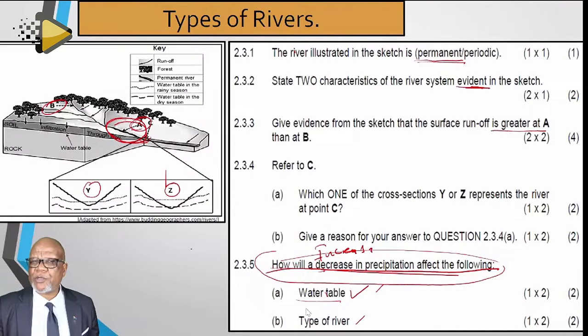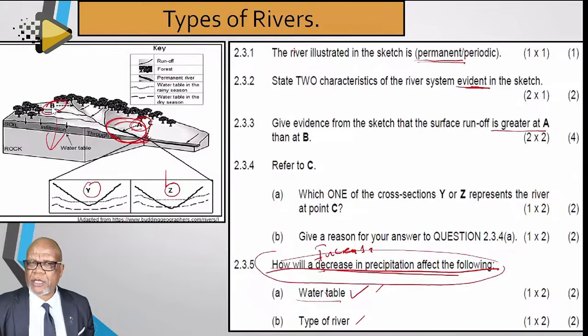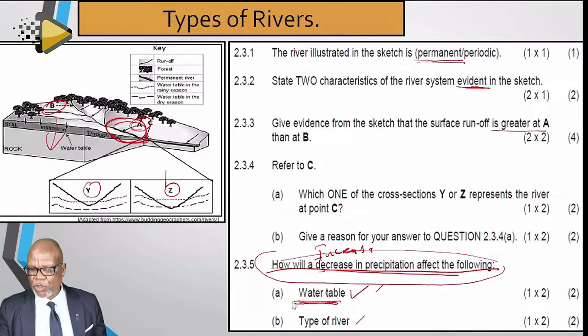Now, sometimes they can ask you, how will the extraction of a well, something that we use to extract groundwater, impact on the water table? Because water is now going to be used from the ground, groundwater will be used, it means the water table will also go lower. So this is an application question.